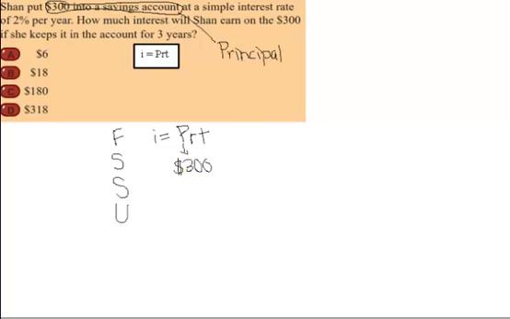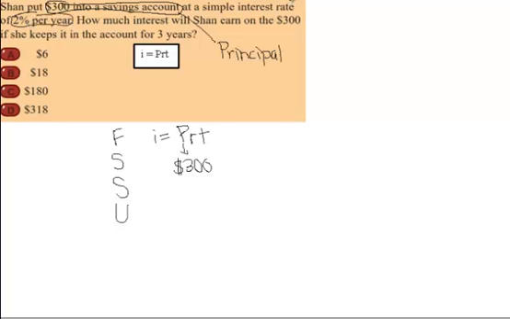Okay? And actually, let's just quickly erase the S and the U for now. I take it back. Let's not. That just looks ugly. All right. So, $300 is the principal at a simple interest rate of 2% per year.